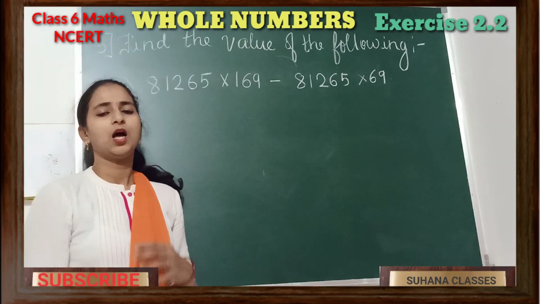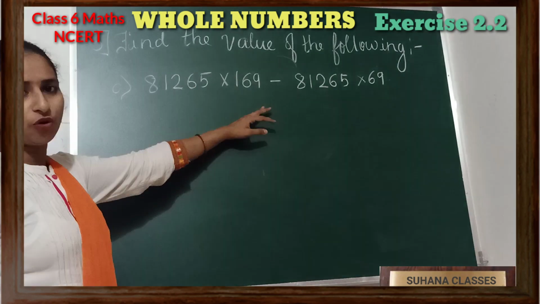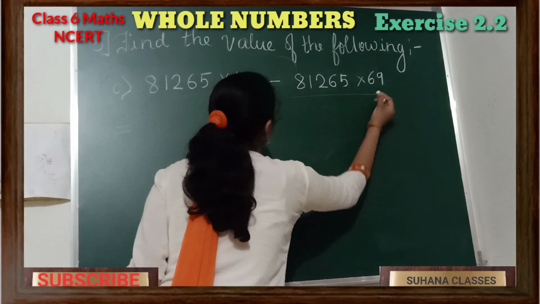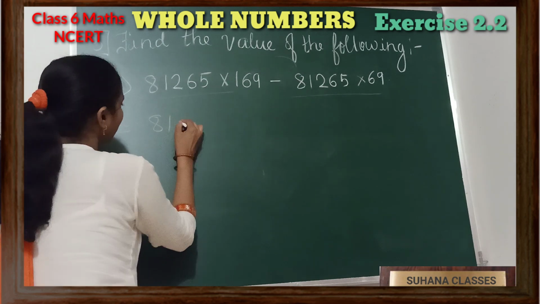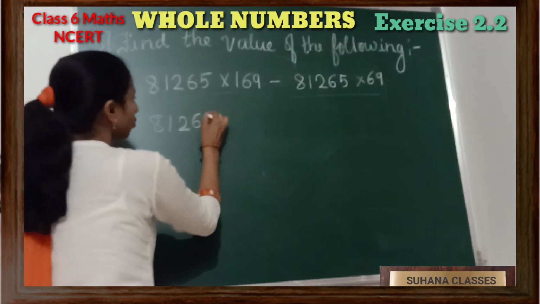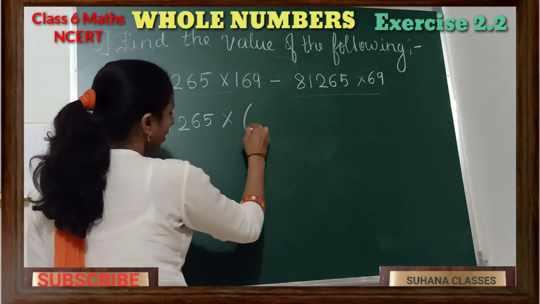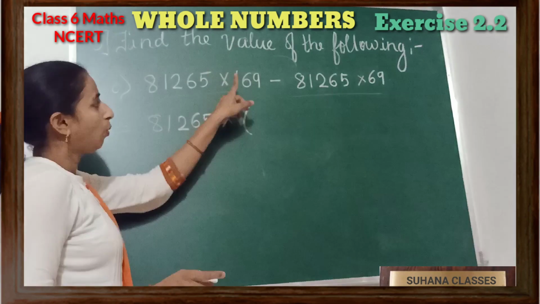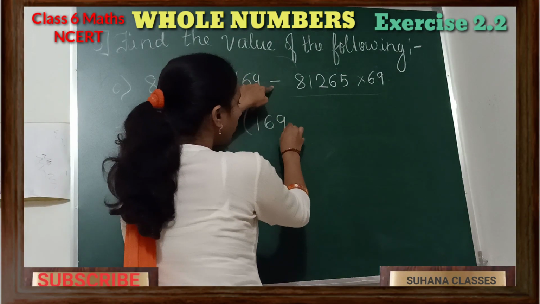Our next question is to find the value of these groups of numbers. Here I can see two groups of numbers again. Something I can see common. What is the common? 81,265 is common here, and both these numbers are attached with multiplication. Now if I bring it common outside, what is remaining? In this group 169 is remaining, with a minus sign in between.